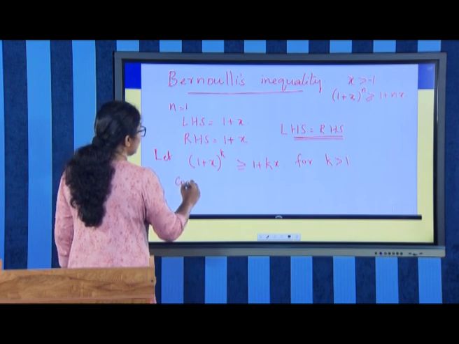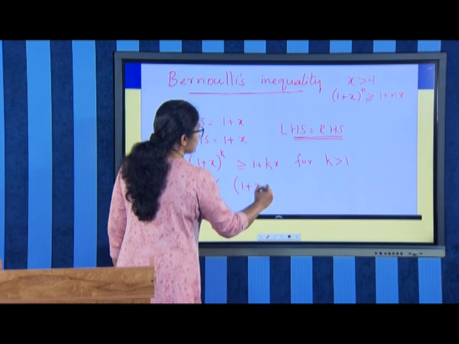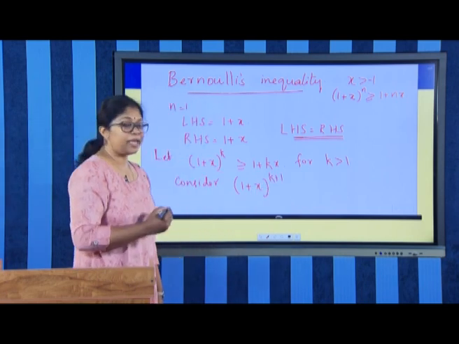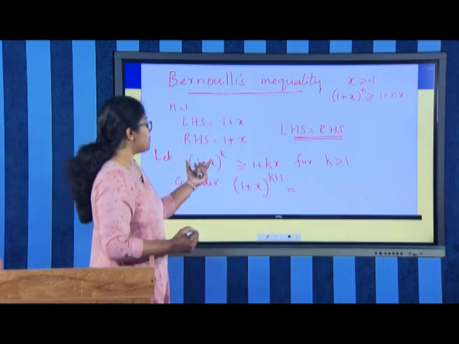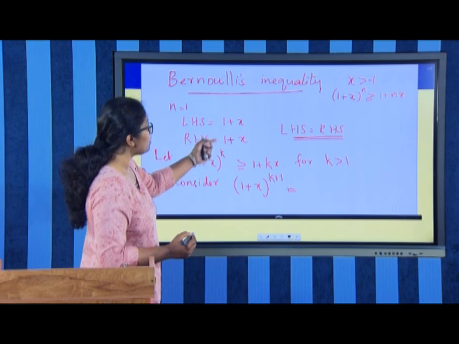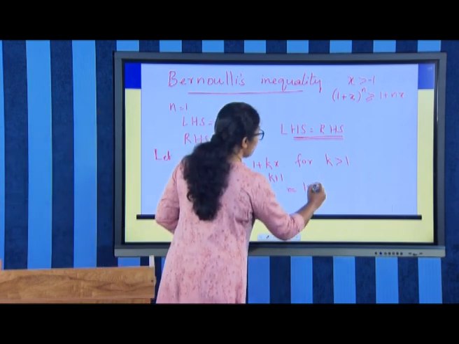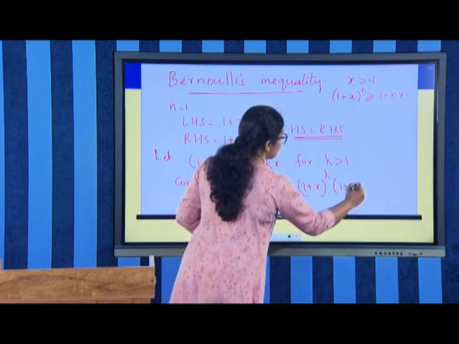Now, consider the case when (1 plus x) power k plus 1 is taken. We can split this into 2, namely (1 plus x) power k and (1 plus x). So, we can split this as a product of (1 plus x) power k into (1 plus x).